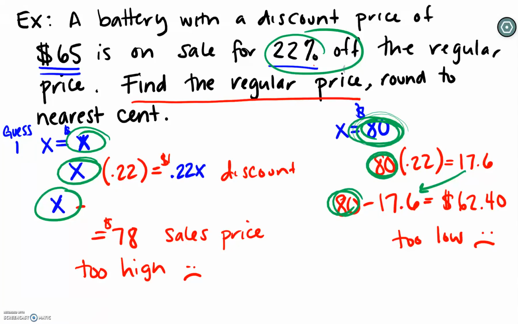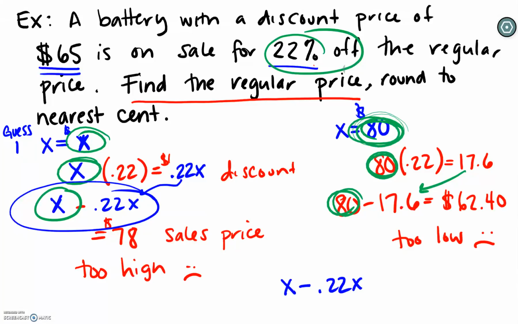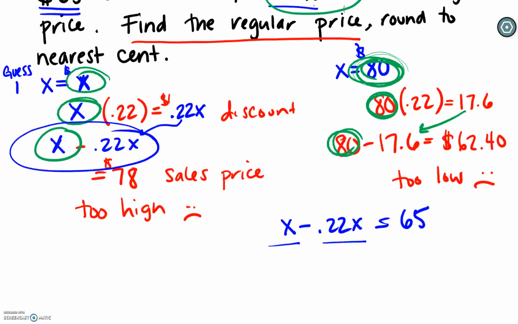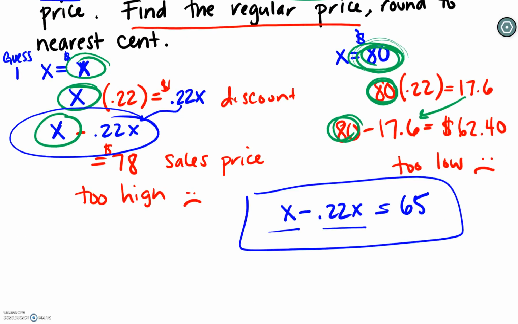This was X also, and then we subtracted whatever we had here. So this is what we've been checking, right? All we've been doing is taking original minus this original times 0.22. Original minus 0.22 times the original, right? The original amount minus the discount. And what do we want? We want this to be 65 bucks. So now we have an equation we can actually work with.